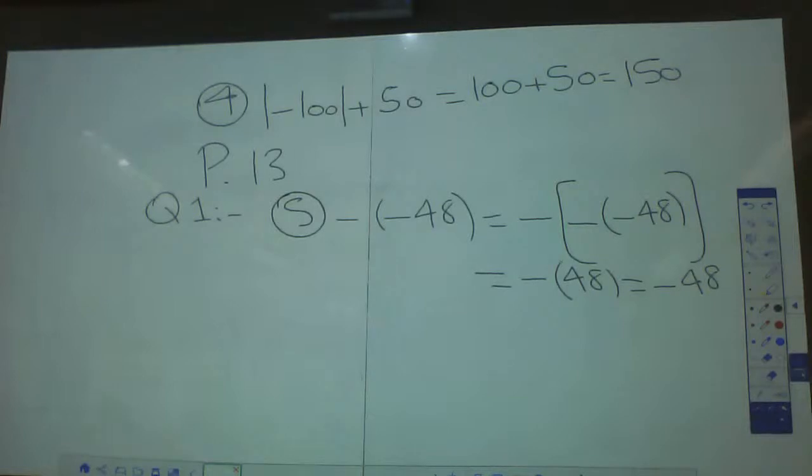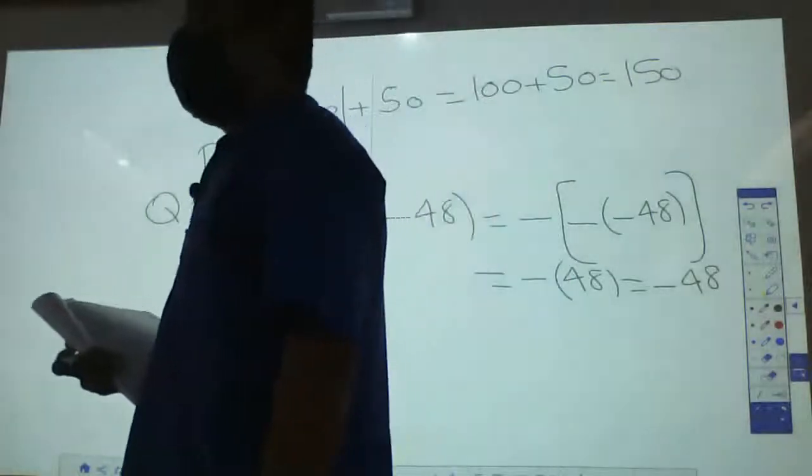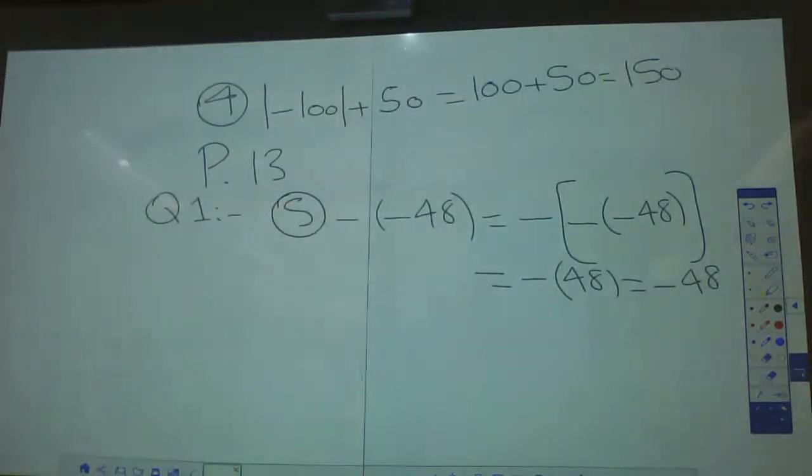We have to write opposite numbers. Question number 1, they want us to write opposite numbers.